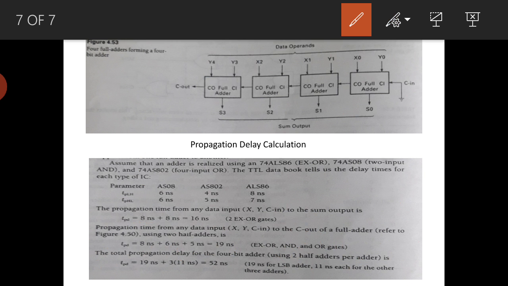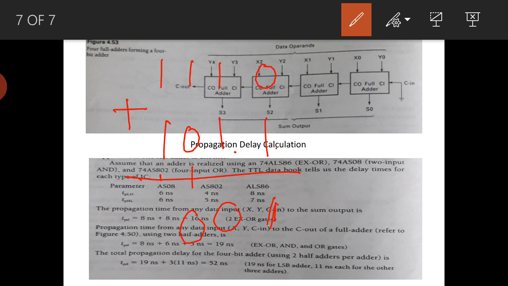The same thing if you see manually, 1110 and 1011, I will do the addition. 0 plus 1, sum is 1 and carry is 0. 0 plus 1, sum is 1, carry is 0. Again 1 plus 1, the sum is 0 and carry is 1. Again 1 plus 1, sum is 0, carry is 1.